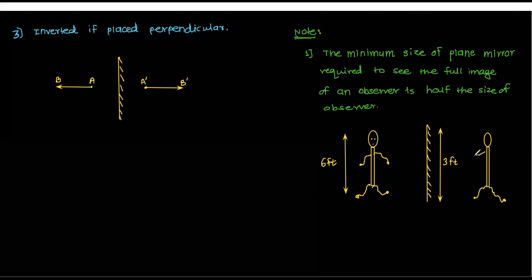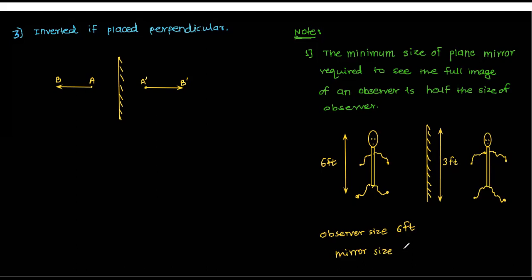Half of the size: observer size is 6 feet, mirror size should be 3 feet to see the full image.